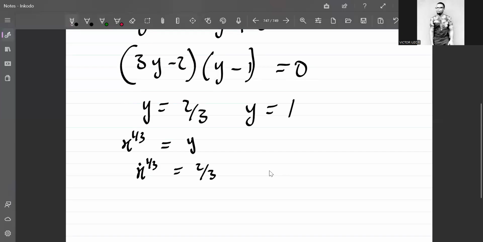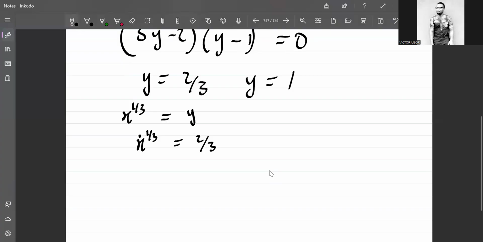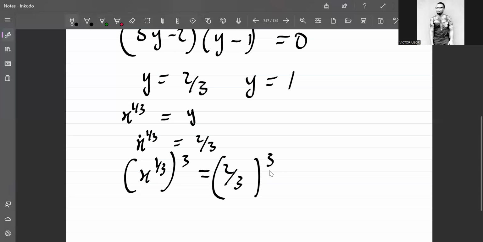For you to remove the 1 over 3, you have to cube both sides. If I cube both sides, I will have x raised to the power 1 over 3, cubed, is equal to 2 over 3 cubed, which will give me x is equal to 8 over 27 on this part.